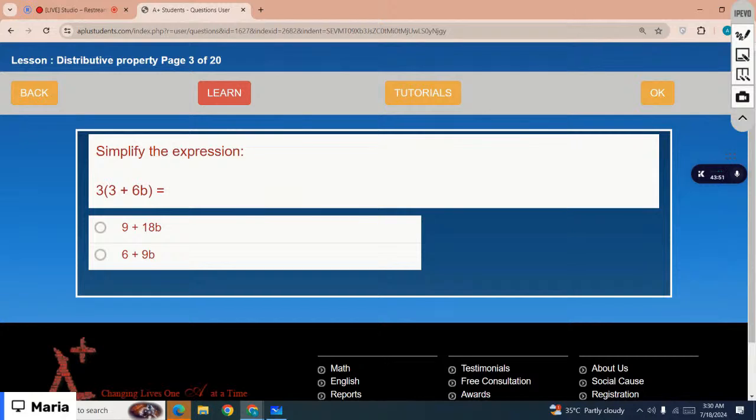That is option number 1. 9 plus 18b is the correct option.